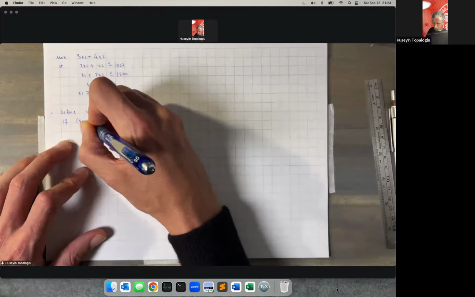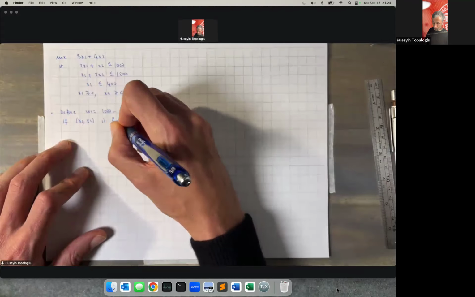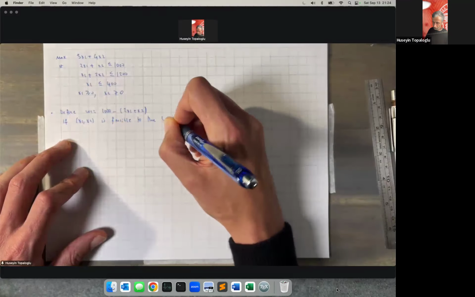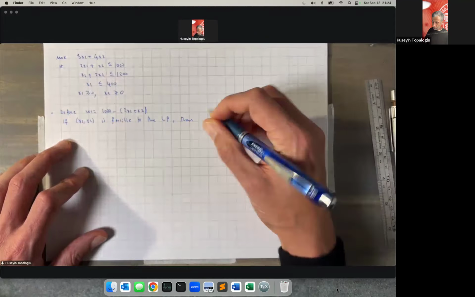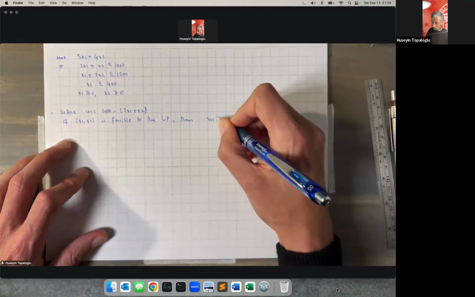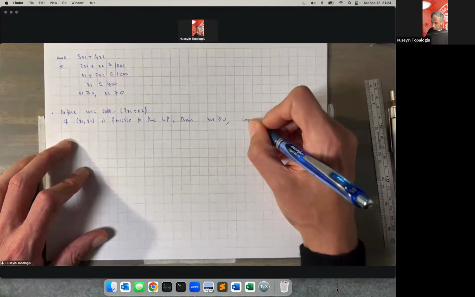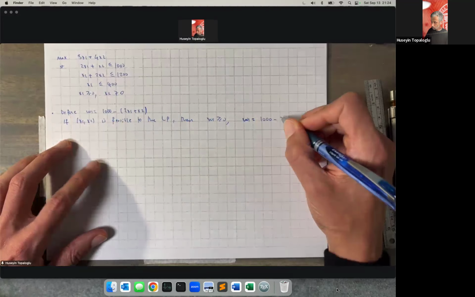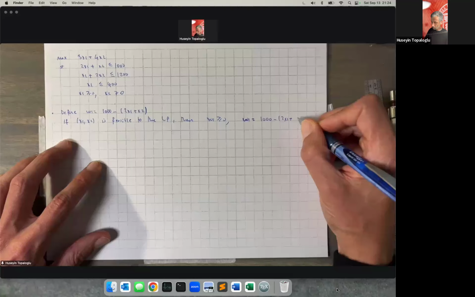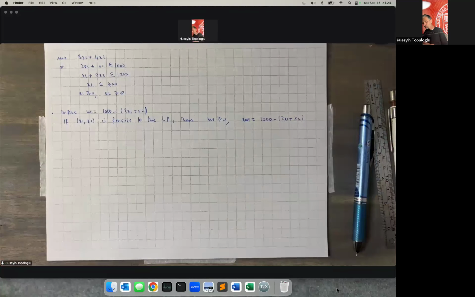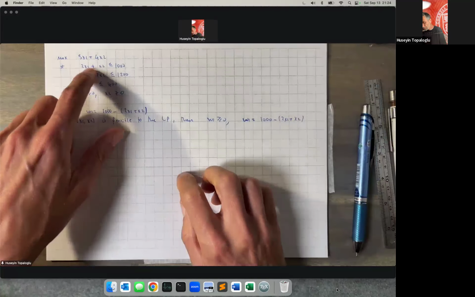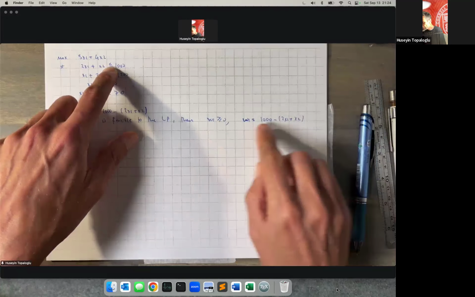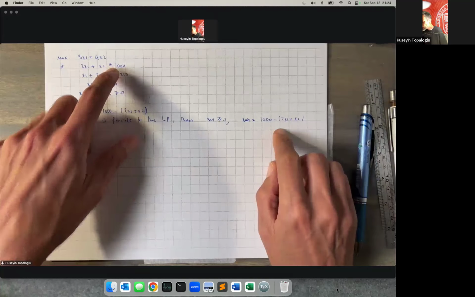If x1 and x2 is feasible to the LP, then W1 has to be non-negative, and W1 is defined as how much the right-hand side of the first constraint exceeds the left-hand side. Okay, so that means that we can replace the first inequality constraint with W1 is non-negative, and W1 is defined like this.